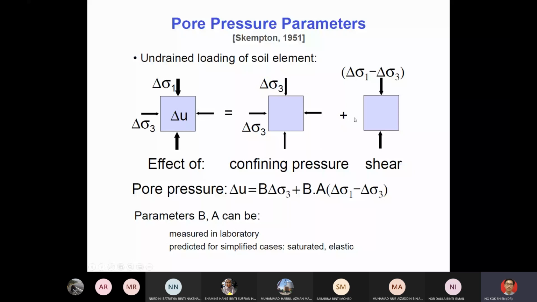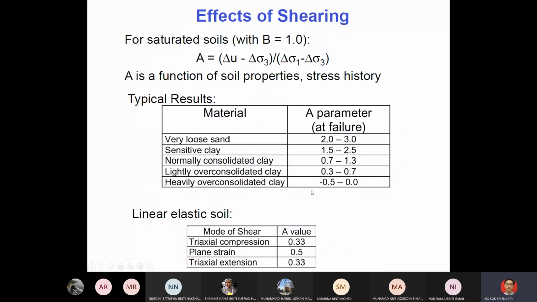Okay, but you can see from here, the pore pressure is actually influenced by the B parameter and A parameter. B parameter is related to the saturation of the soil material, and A parameter depends on different conditions.